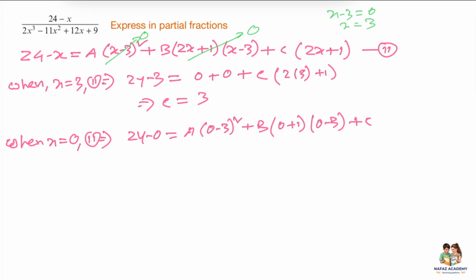It is 0 plus 1 and 0 minus 3, plus 0 plus 1 for C. And already we have the C value, and 9A minus 3B plus C. Put the value of A and put the value of C over here.